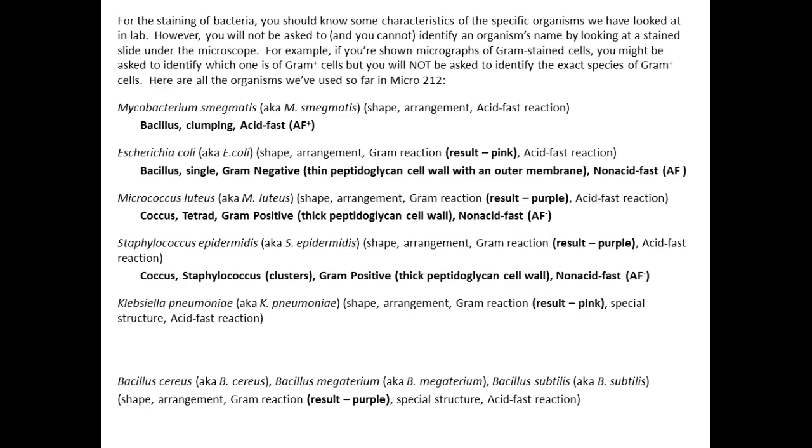Klebsiella pneumoniae. Anyone know what special structure this one has, why we chose to work with this organism? You're thinking of mycoplasma. It causes pneumonia. Why does it make us sick?